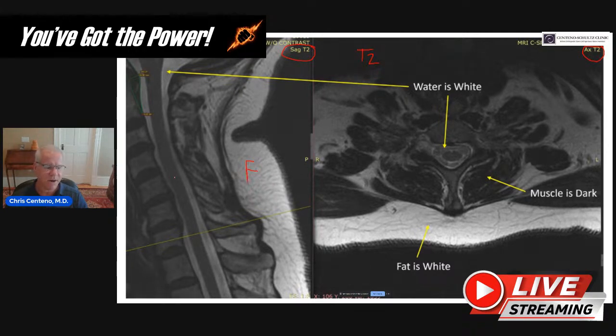We see here the spinal cord, which is dark. So we're looking for the spinal cord to be dark. We're looking for fat to be white. We're looking for the muscles to be dark. They're back here. And water, which is the cerebral spinal fluid that surrounds the spinal cord, should be white.